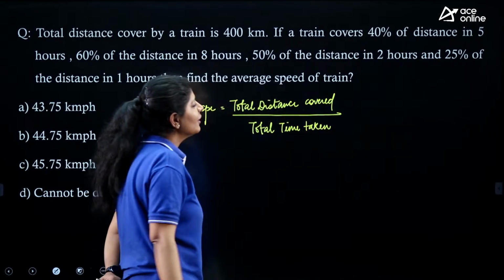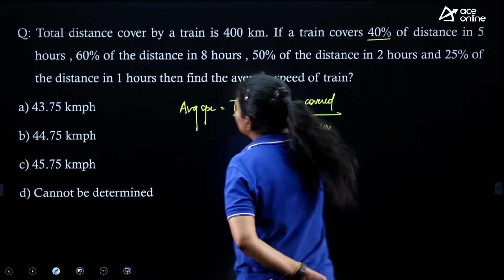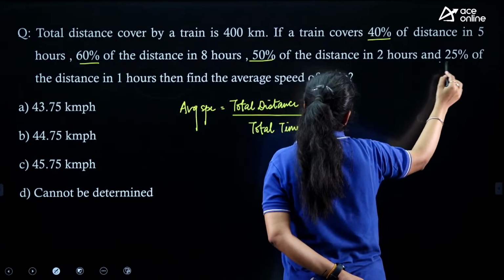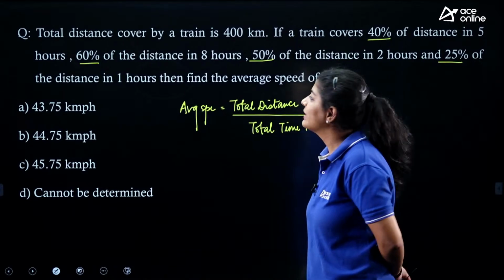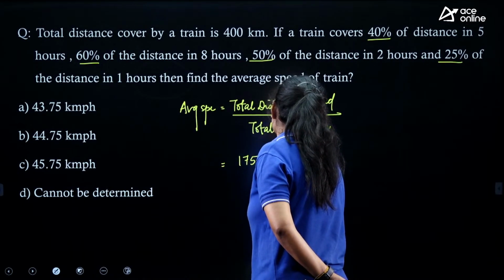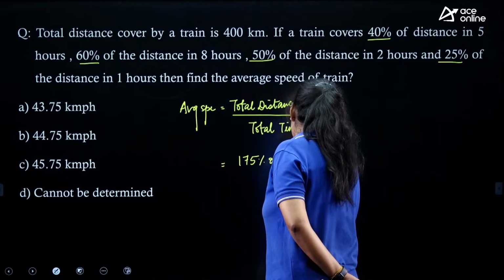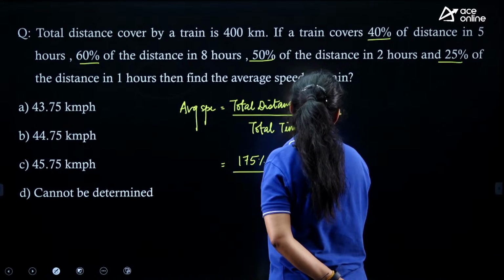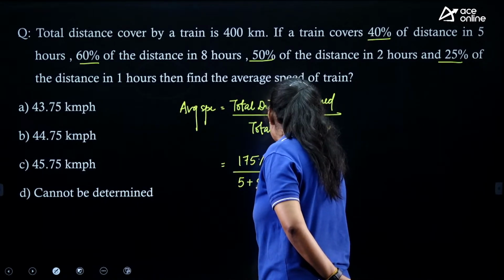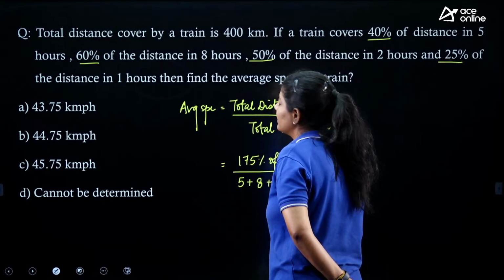Here, instead of writing it separately, we can just simply add this value: 40 plus 60, 100, 100 and 50, 150, 150 and 25, that is 175, right? So 175% of distance, which is nothing but 400, and the time taken by them is 5 hours plus 8 hours plus 2 hours and plus 1 hour.